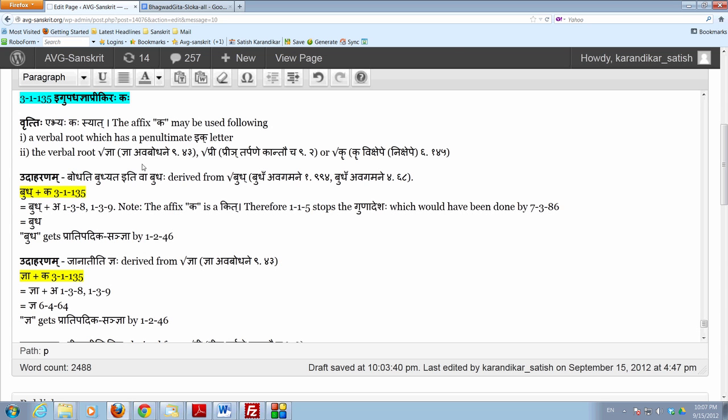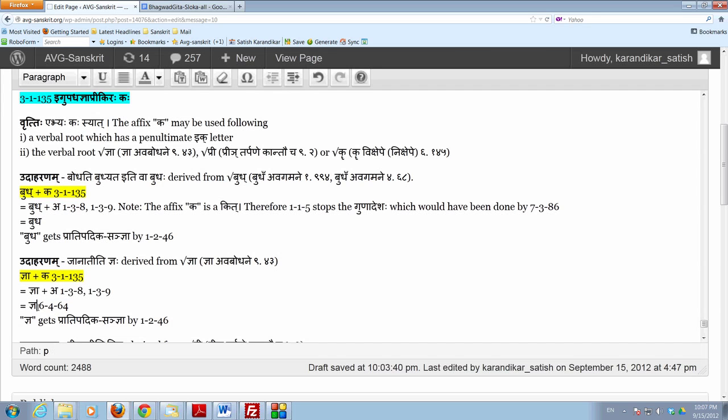Now the next one, if you take this next dhatu jnya, then janati iti jnyaha, one who knows. Janati iti jnyaha. Derived from the dhatu jna avabodhane. So we add this affix ka because Panini specifically mentions the dhatu jnya in this sutram. And now anubandha lopa, lashakvatadhyate tasya lopaha.